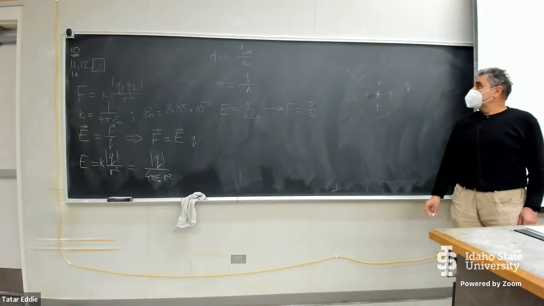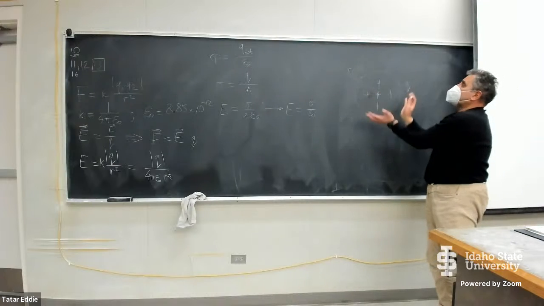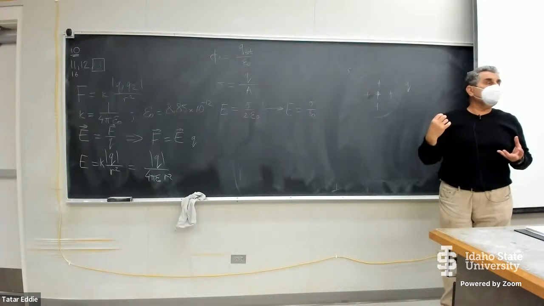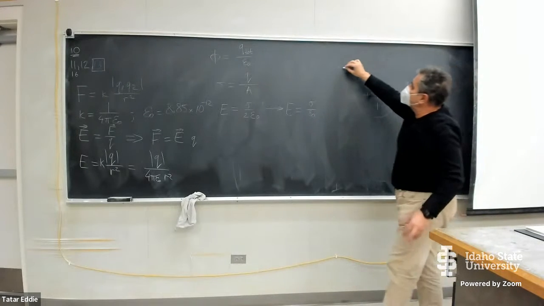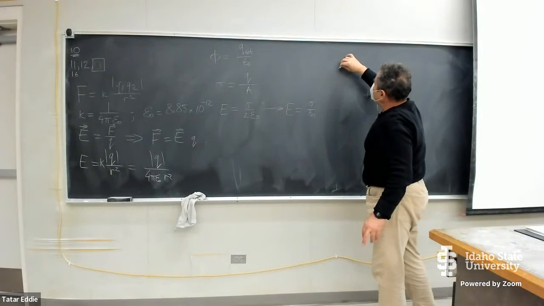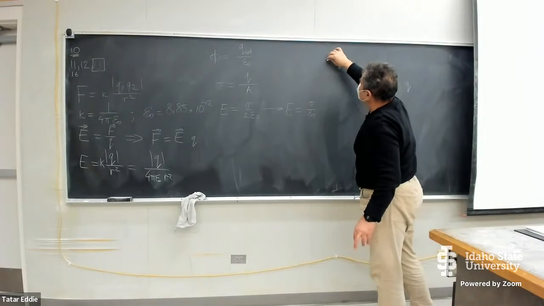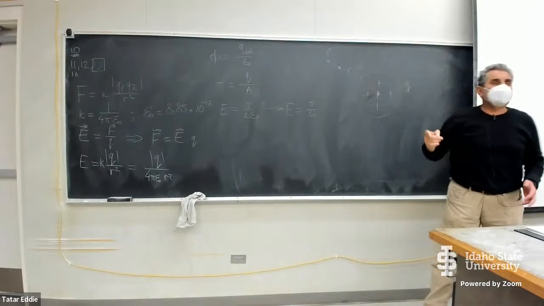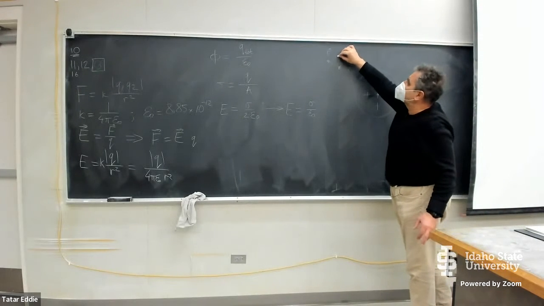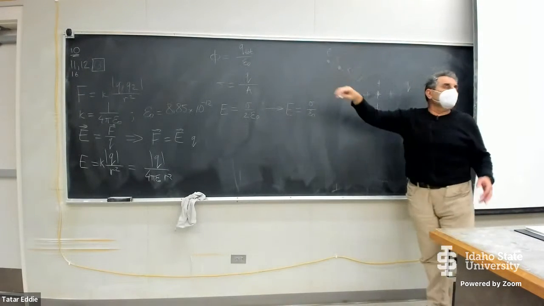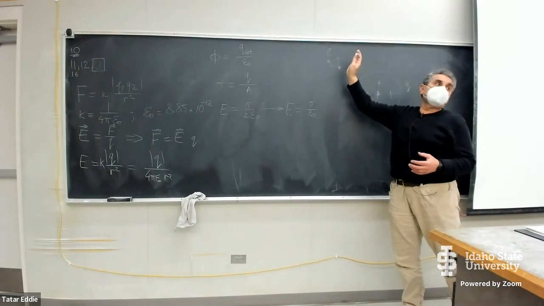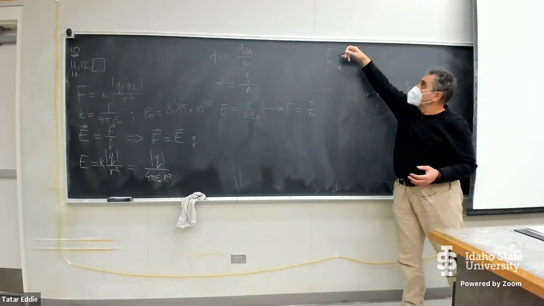Well, first, because of the symmetry of the charge distribution, you can make the argument that the electric field at this point can be only in the radial direction. Why? Well, if you assume that it is under some angle, you may always ask the question, why this angle, why in this direction, why not in the opposite direction?